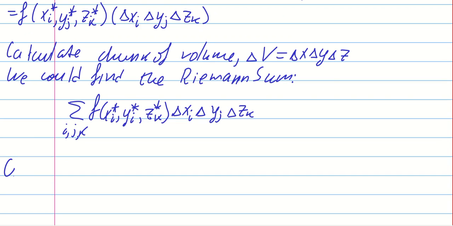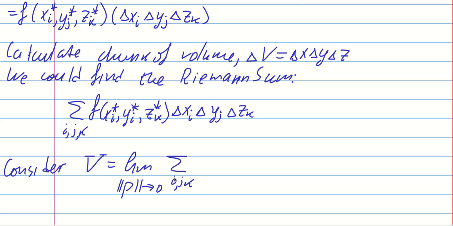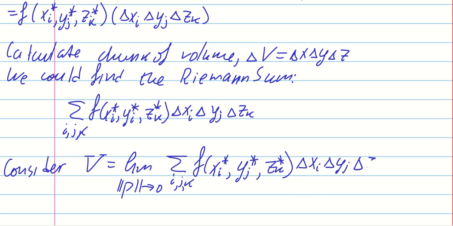Then we're going to consider V to be the limit, when the norm of the partition goes to 0, of the sum over i, j, and k of f of x sub i star, y sub j star, z sub k star times delta x sub i, delta y sub j, and delta z sub k.